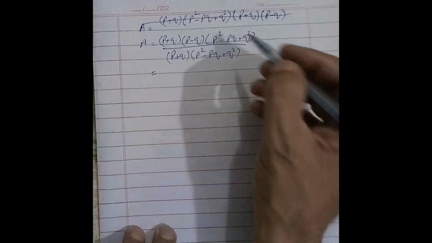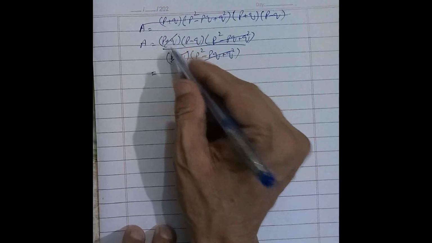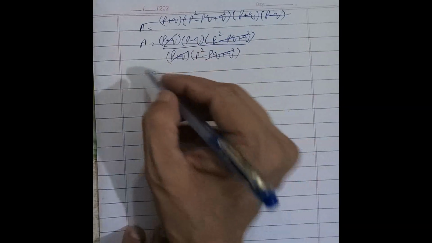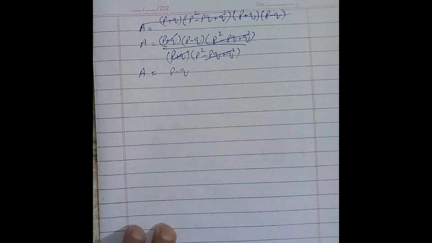And then we simplify these values, cancel with this, P plus Q with P plus Q. The A is P minus Q. It is the answer of the fourth proportion of the question.